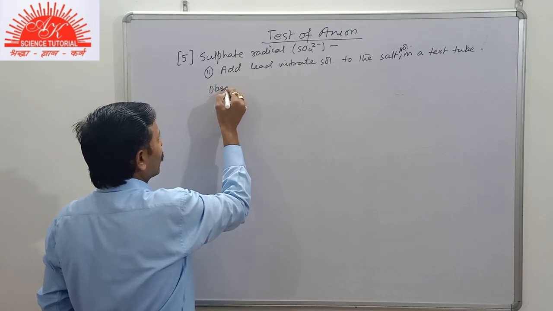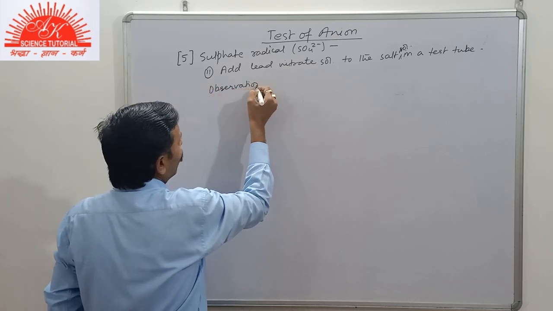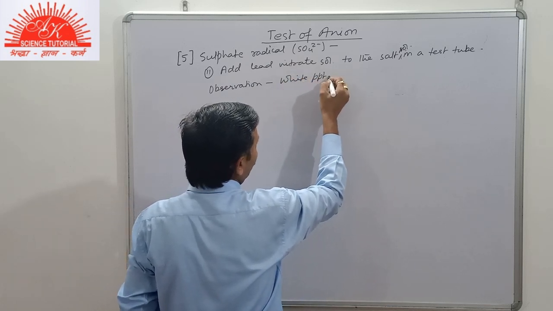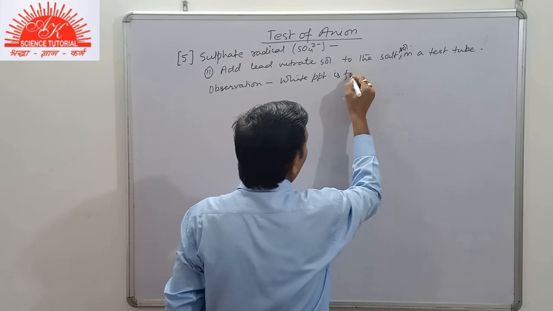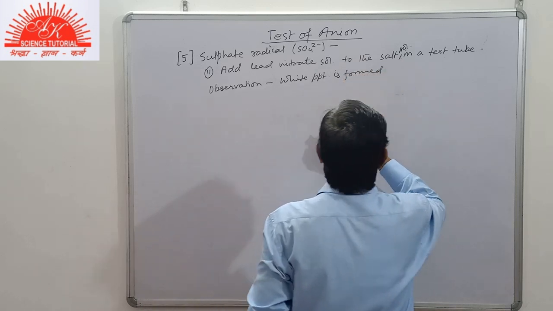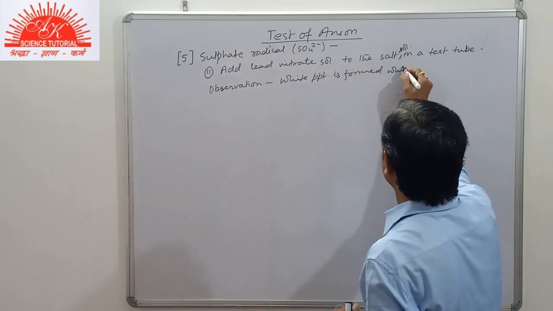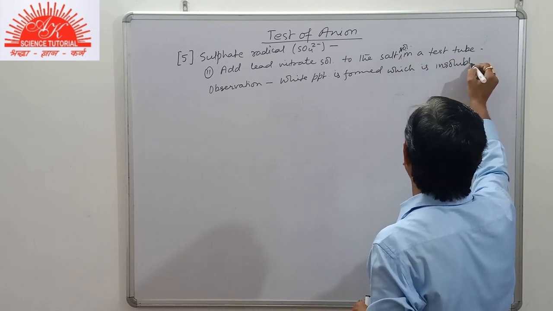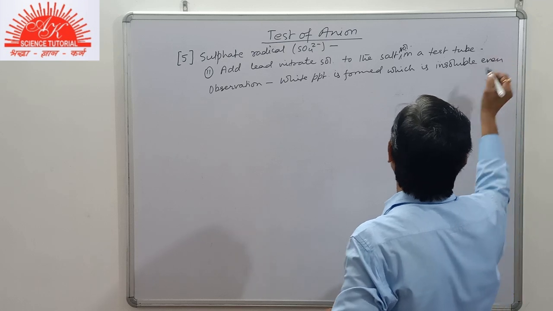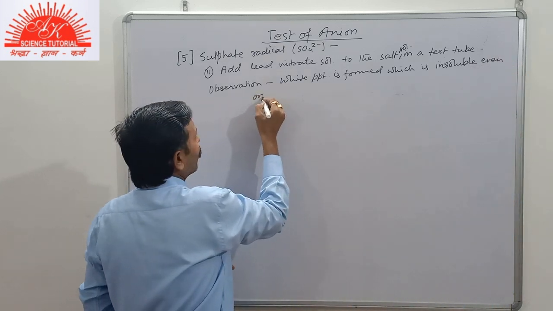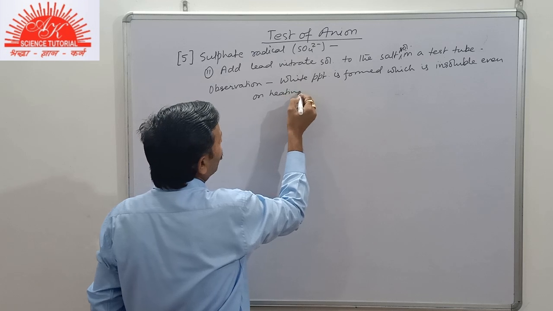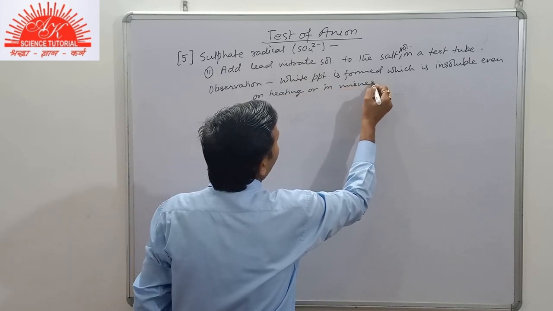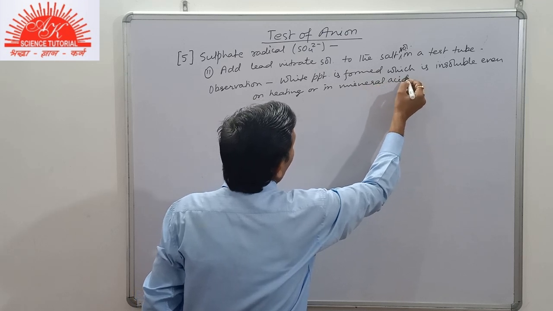Now the observation: a white precipitate is formed, which is insoluble even on heating, or in mineral acid, meaning it is insoluble in all conditions.